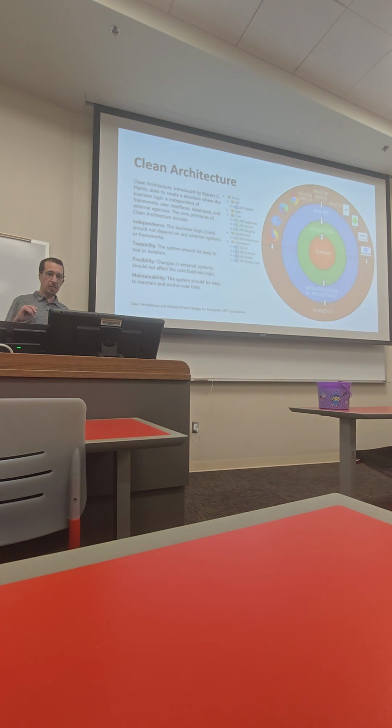Usually, when you search for clean architecture and samples of clean architecture over the web, most of the samples stop at the blue circle. So they call the presentation layer the web API, which is the interface to the outside world for your application.